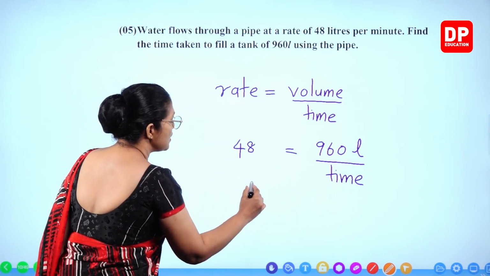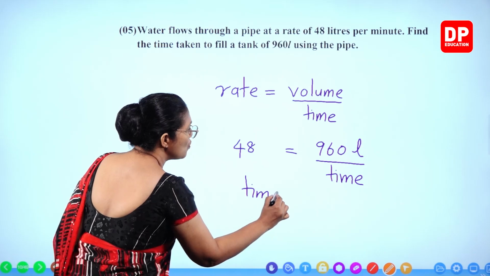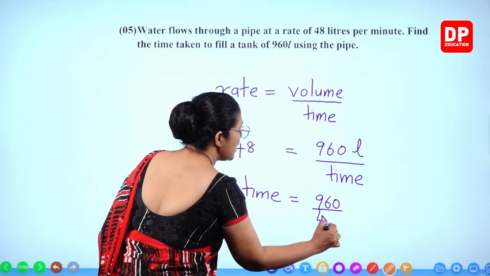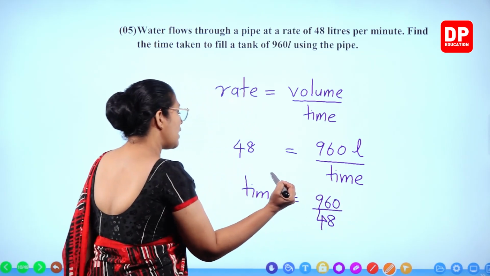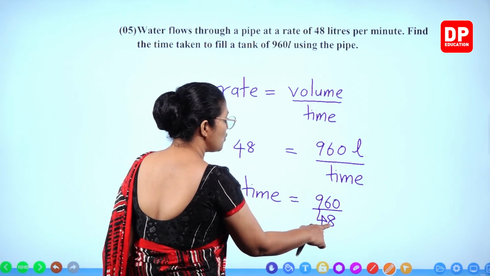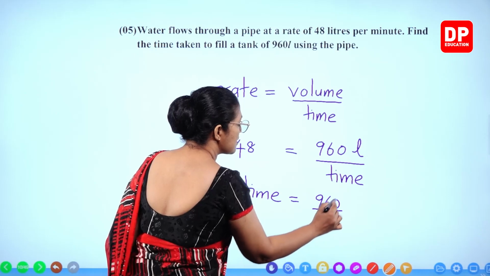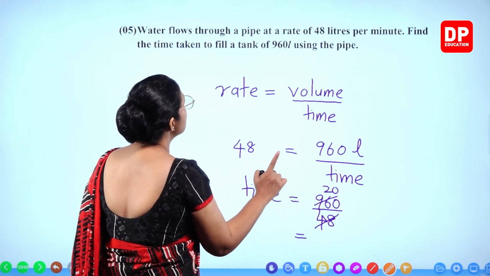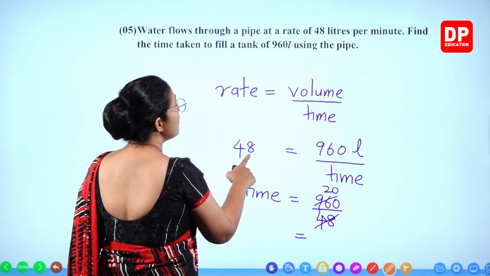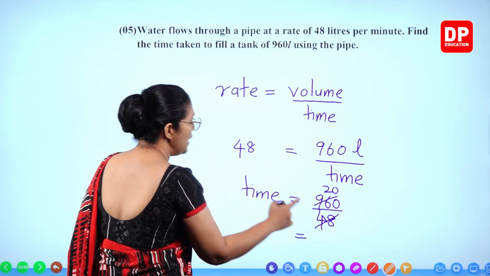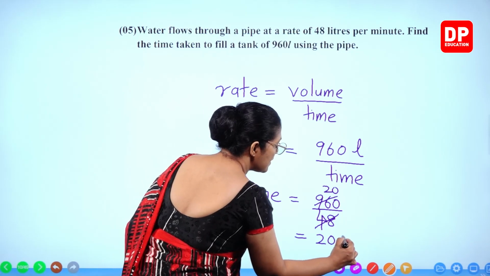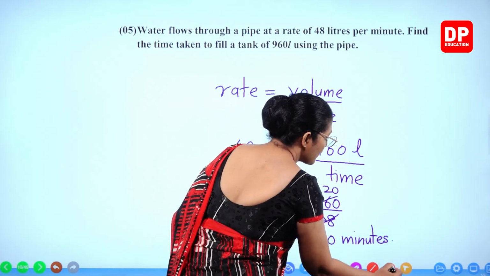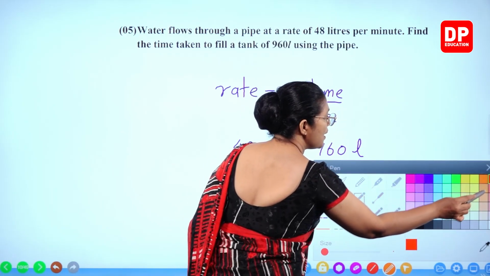When you cross multiply, you get time is equal to 960 divided by 48. So you can say when you multiply by 2, you get 96, so 20. This is in minutes because the rate is given in liters per minute. So 20 minutes is the answer. So you get 2 marks for that.